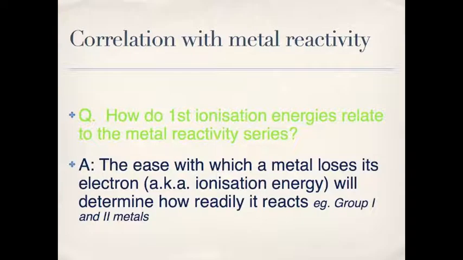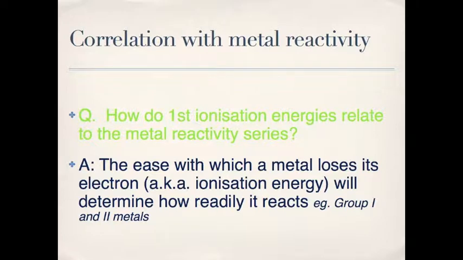Now, how does ionization energy relate to our topic of metal reactivity? We've already compared in past examples and activities, demonstrating that some metals are more reactive than others. Is there a relationship between this ionization energy and metal reactivity? The answer is yes.